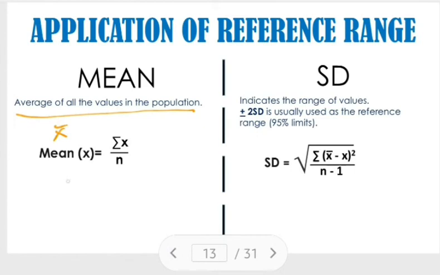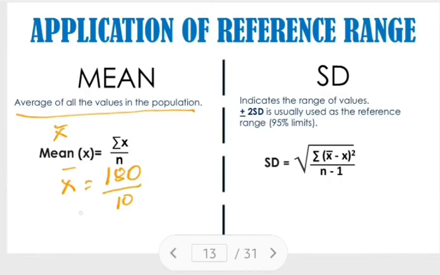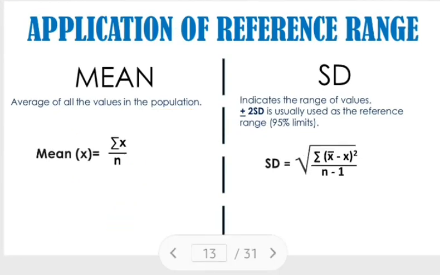So for the mean, the summation of x is 180 divided by the total number of values in the data set, which is 10. Therefore, the mean is equal to 18.